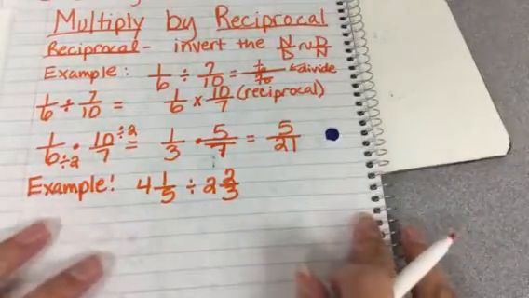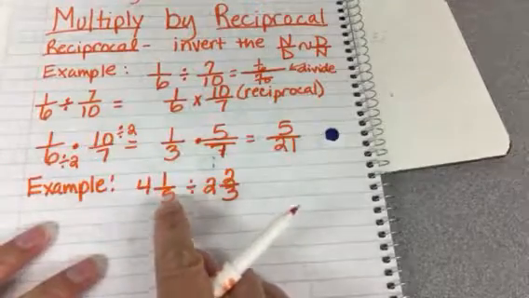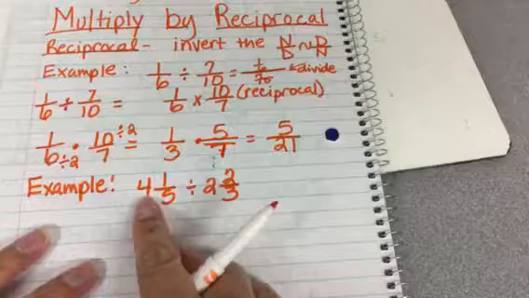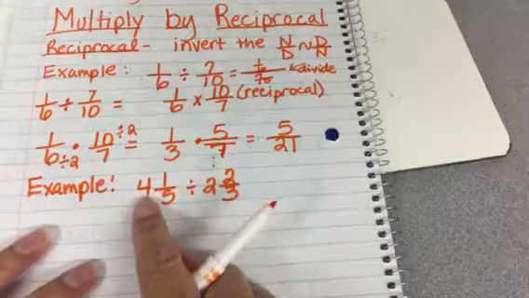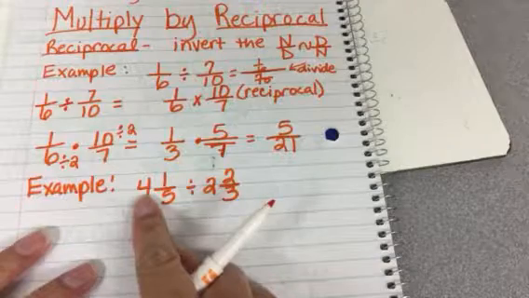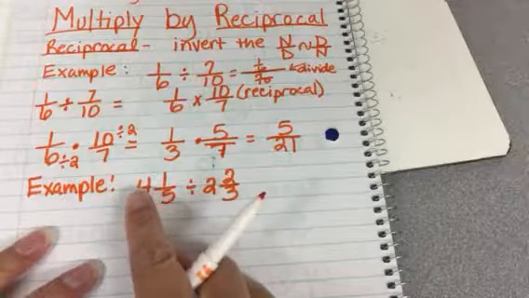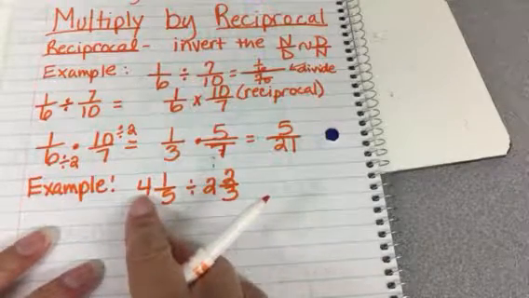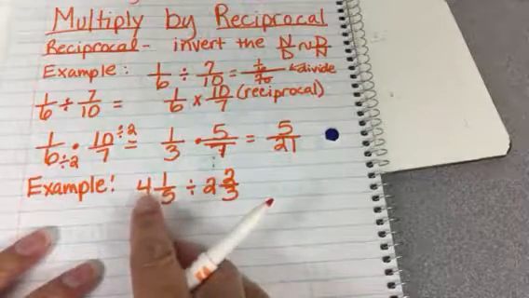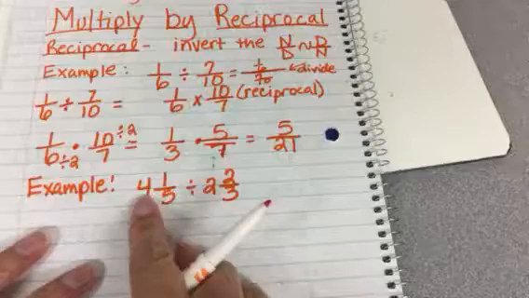Now the way that we do that is we say, in my 4, if I have 5 pieces each in my whole number 4, I need to find out how many I would have total. Well, 5 times 4 gives me 20. So that's how many fifths I would have in my 4. So I have 20.